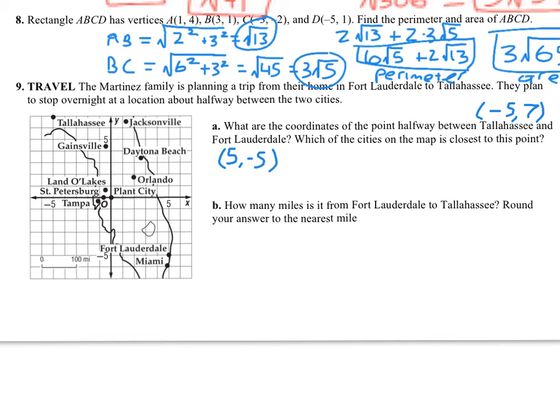If you add their x's together, you get 0. 0 divided by 2 is 0. If you add their y's together, you get 2, and 2 divided by 2 is 1. So going to 0, 1 on the map, it appears that the closest city to the point 0, 1 would be Land O'Lakes.